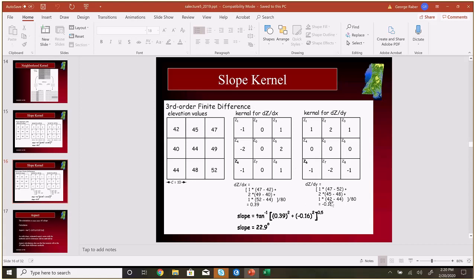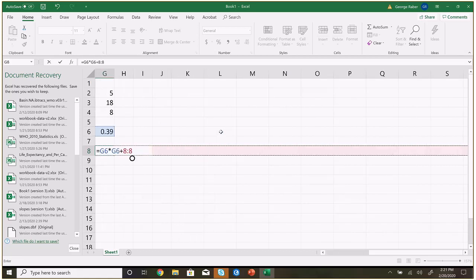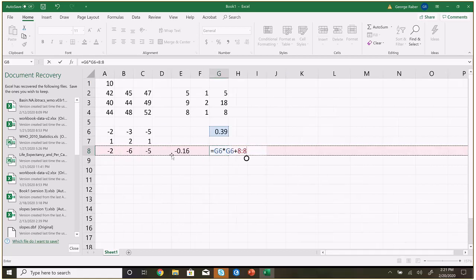All right. So we had those 0.39 and 0.16. Okay. So this part of the formula, which will just be the slope in percent, we'll just do that instead of calculating the arctan. So this will be the slope in percent: this times this, plus this times this, and then we need the square root of the whole thing. Let's put this in parentheses.